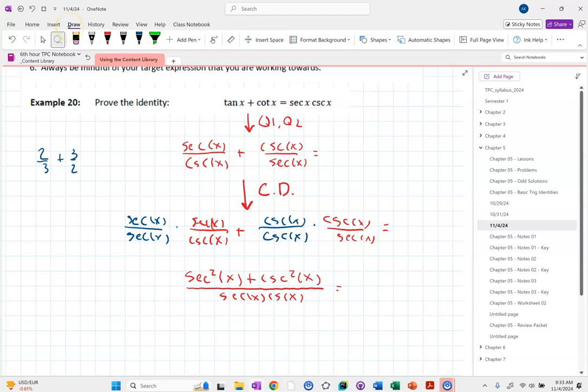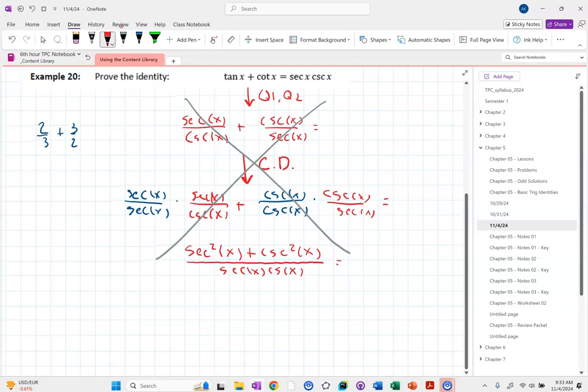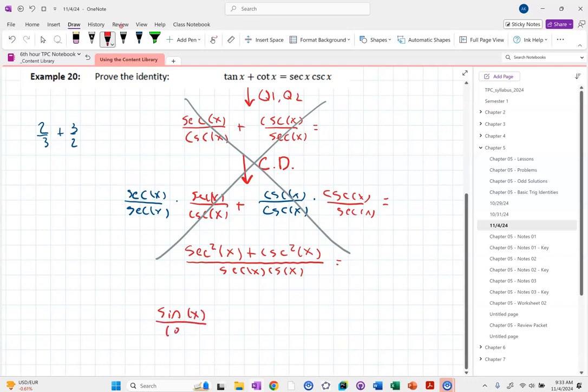So instead of using Q1 and Q2 to turn them into secants and cosecants, I'm going to turn them into sines and cosines, and try going this way and seeing if this becomes more effective for me.